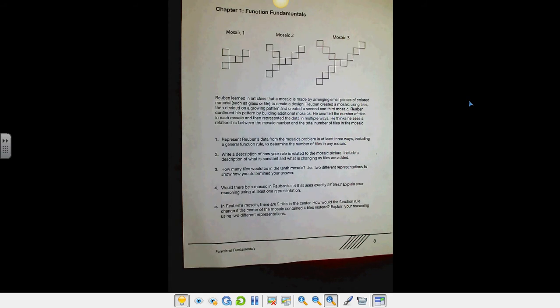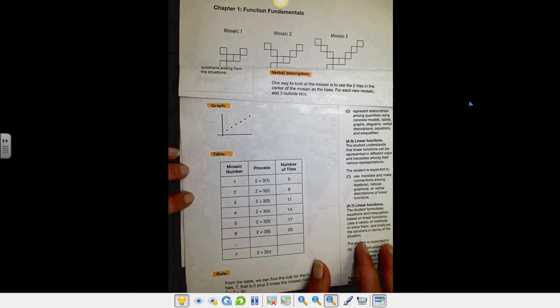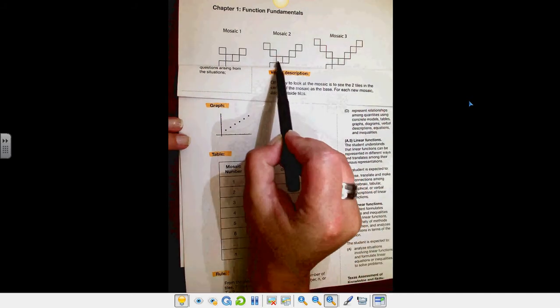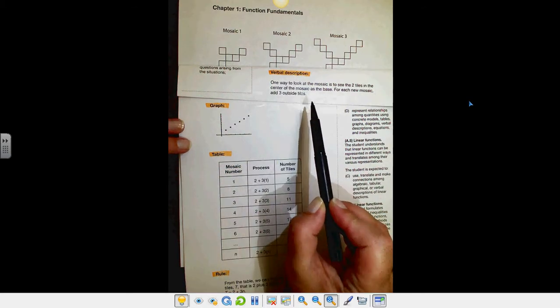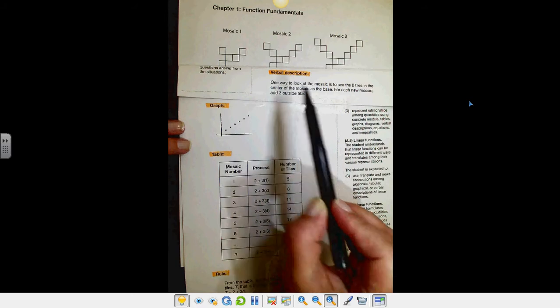For number 1, we have a verbal description. One way to look at the mosaic is to see the 2 tiles in the center of the mosaic, and this would be the center, these 2. For each new mosaic, add 3 outside tiles.